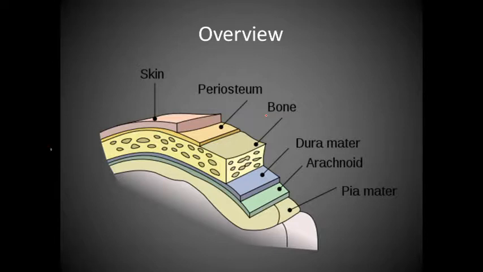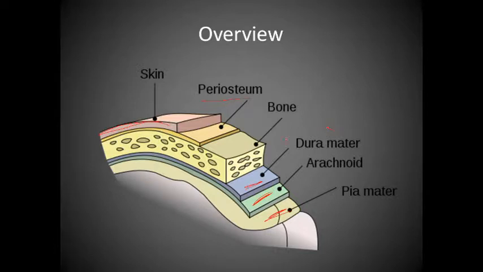Additionally, we have layers until we get into the brain. We have the scalp, which is referred to here as the skin. Just below that, we have the periosteum, which is part of the bony matrix. And then below that, we have bone. Then we have the dura mater, the arachnoid, and the pia mater.